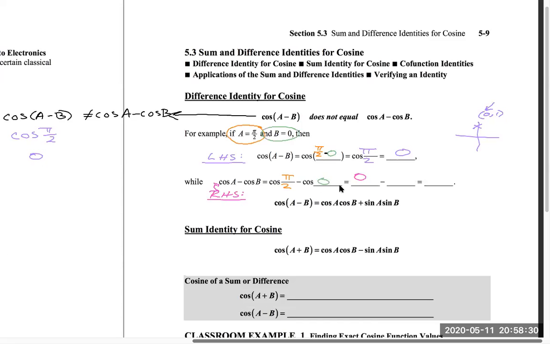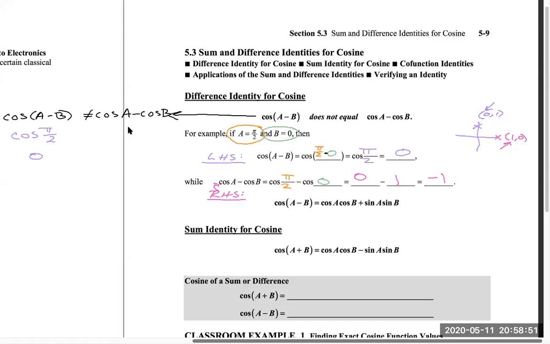Now, if we're looking at 0 radians, the point is 1, 0. The cosine value is here. So that would be a 1. So we have 0 minus 1 that we're evaluating, that becomes -1.